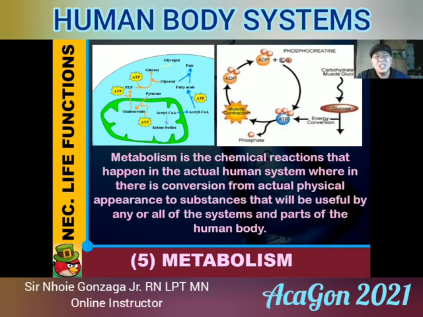There are some people that when they eat, they don't become hungry right away, but they are healthy. You call that a difference in metabolism. The faster the metabolism, the faster it is for the system to break down chemicals to be used in our body.